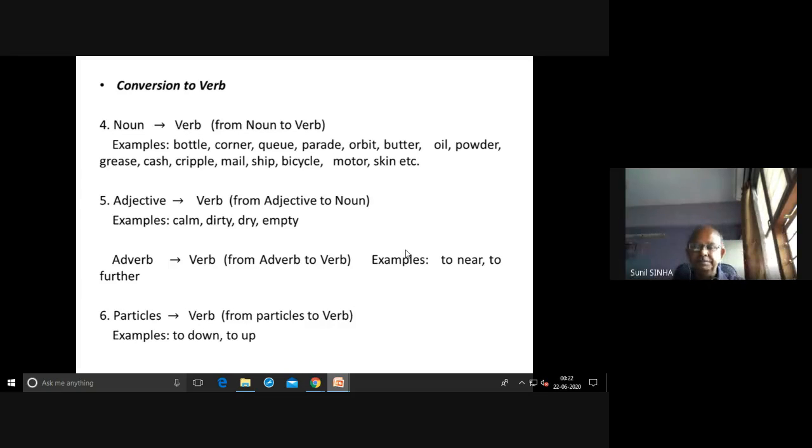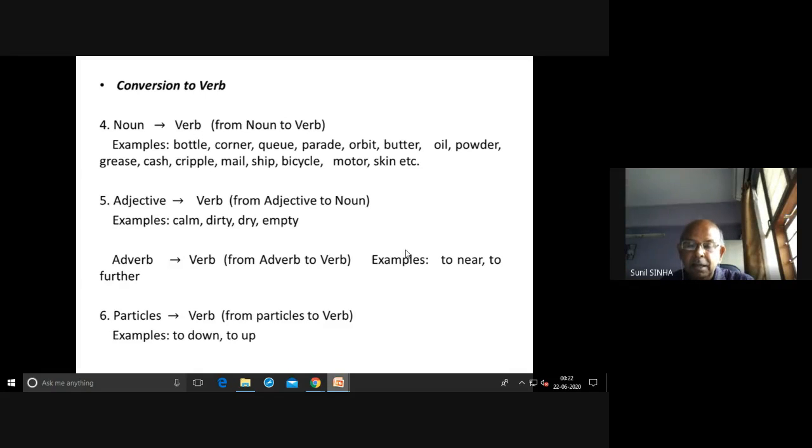Now conversion to verb. That is, you get a verb from different classes of words. Like from noun you can get a verb. And one example, I'll give you just one. So many examples I have given, but look at bottle. Bottle, corner, cube, parrot, orbit, butter, etc. These are all nouns, but all of them can be used as verbs also.